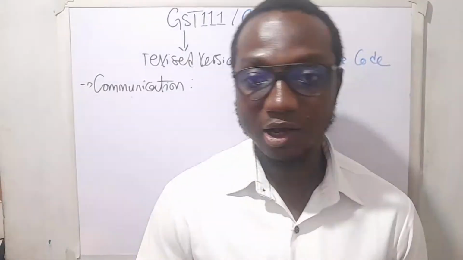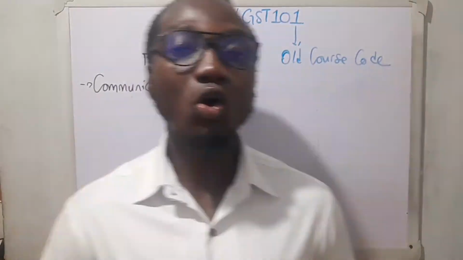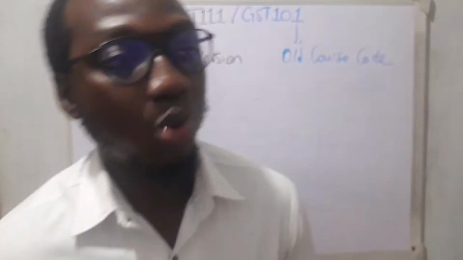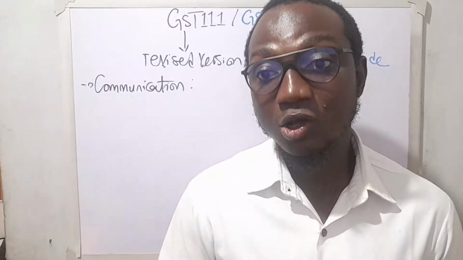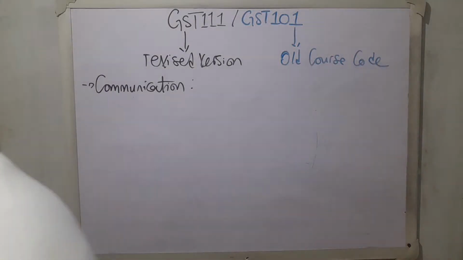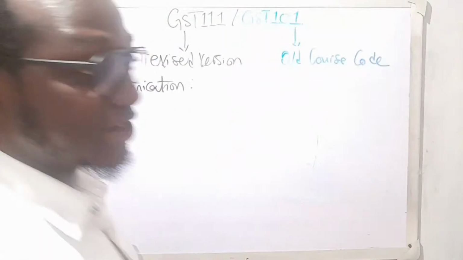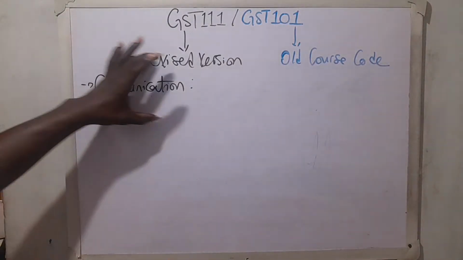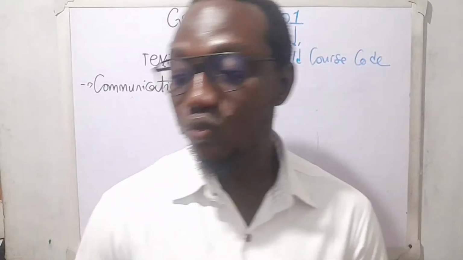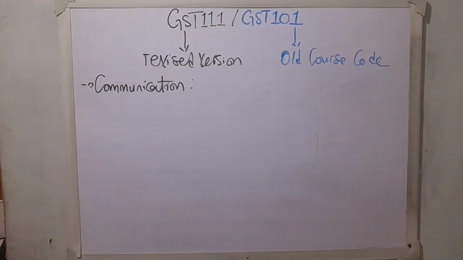We thrive by communicating with each other. We thrive by communicating our feelings, our thoughts, instructions. We live upon communication. That is why we refer to humans as social animals.